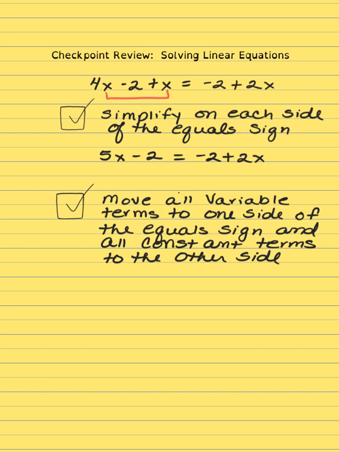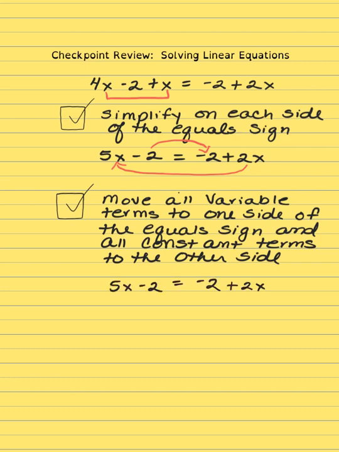What I like to do is keep my x terms positive, so I am going to move the 2x over to this side with the 5x and this -2 over to the right side with the other -2.